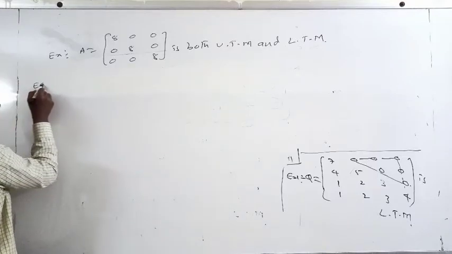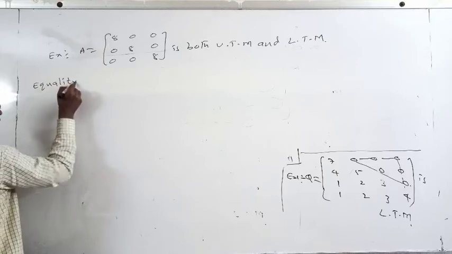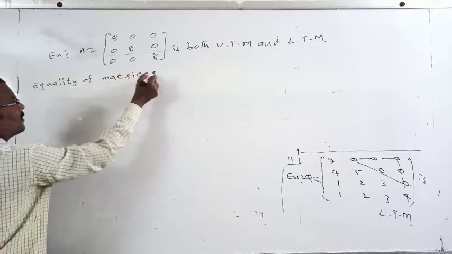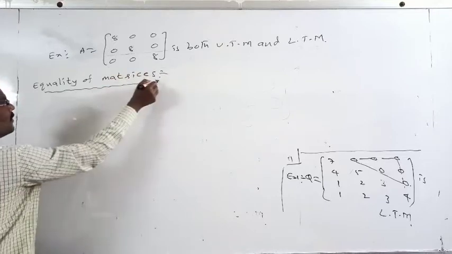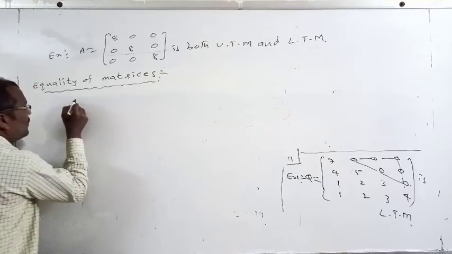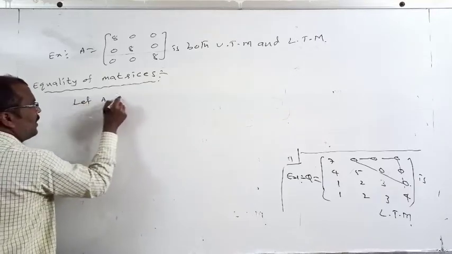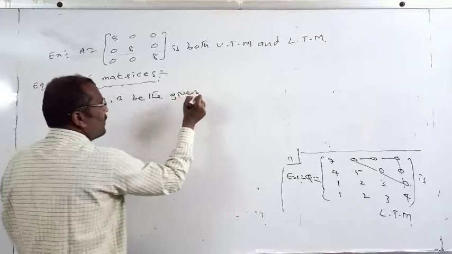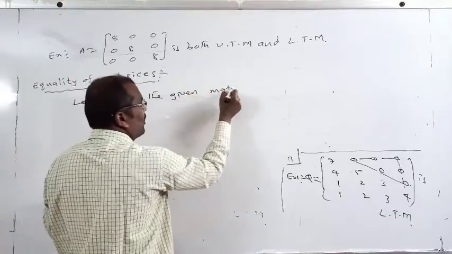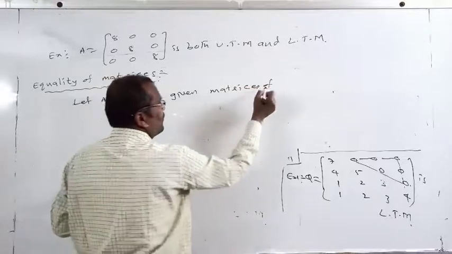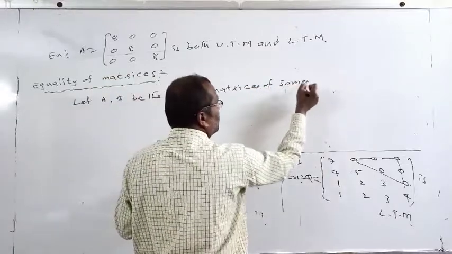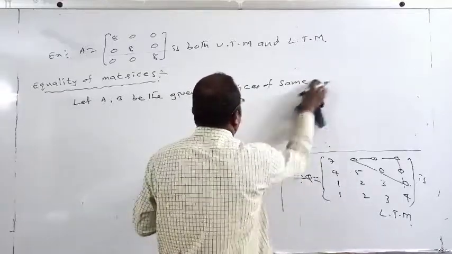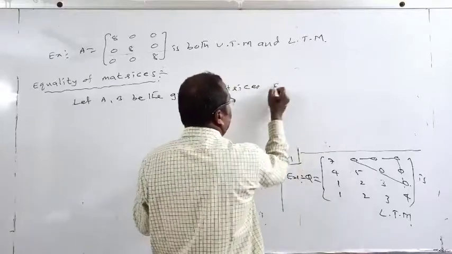Next one is equality of the matrices. Let A, B be two given matrices of the same order.